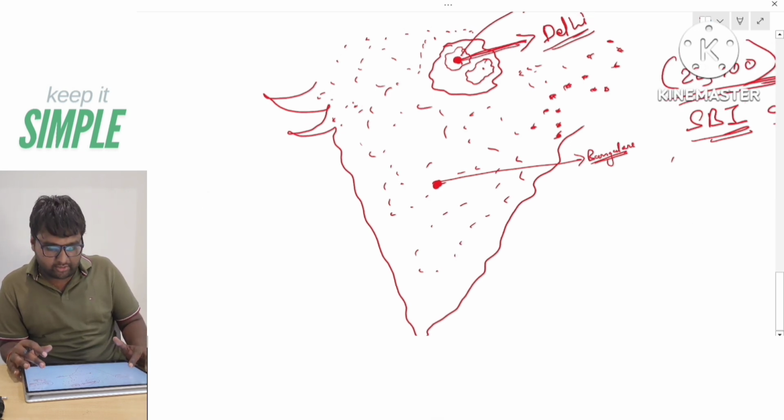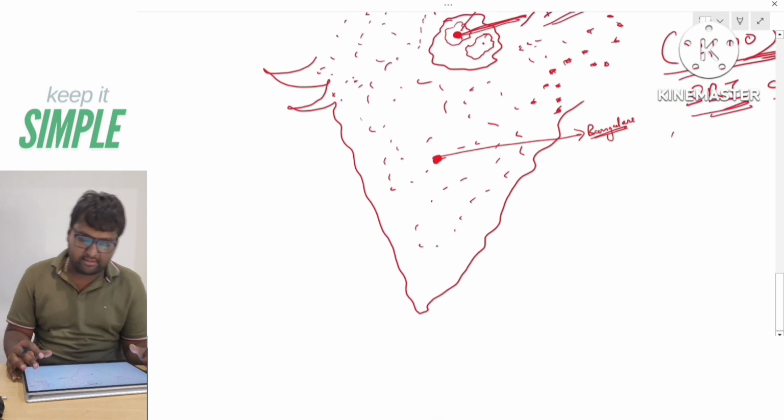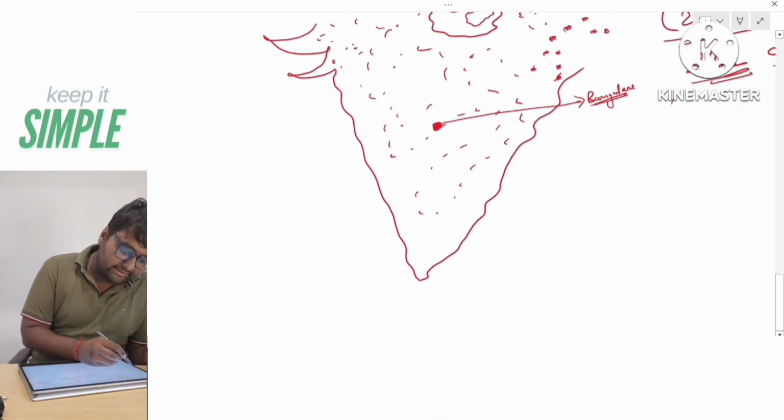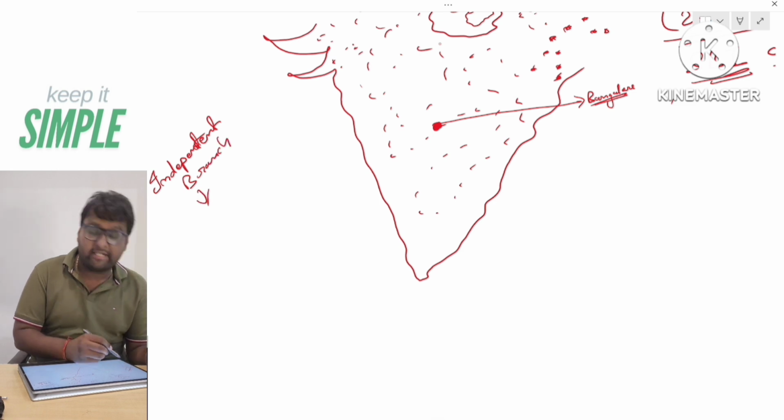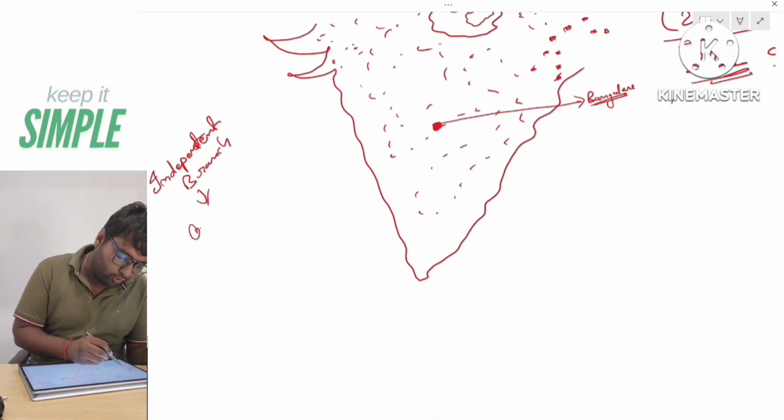The reason being, a branch is an independent branch when it maintains its own books of accounts.